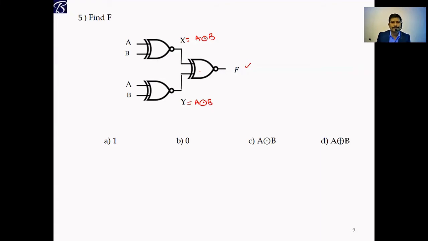What is the truth table of XNOR? When both inputs are the same, the output is 1. So here observe, x and y both are the same, so f equals 1. So option A is correct. Let us check the answer.